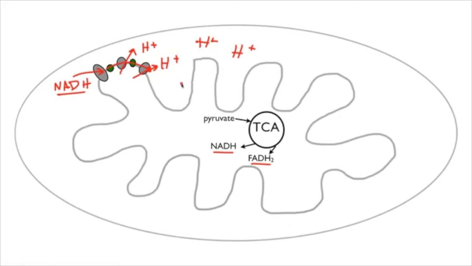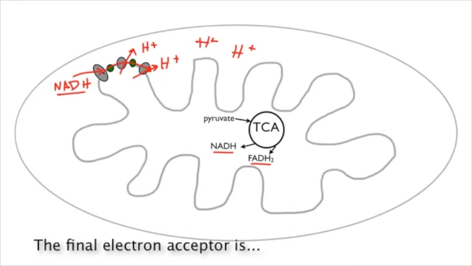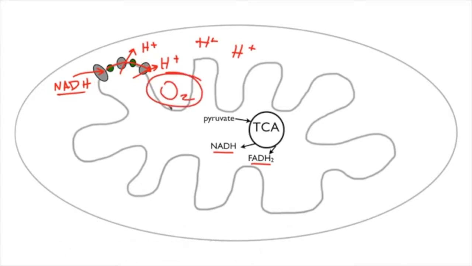And where the electrons finally end up, the final electron acceptor after the electrons pass through all these proteins, is oxygen. And that's why oxygen is needed for aerobic respiration, because that's where the electrons end up. And when electrons are added to oxygen, you are going to make water. It's called metabolic water production.